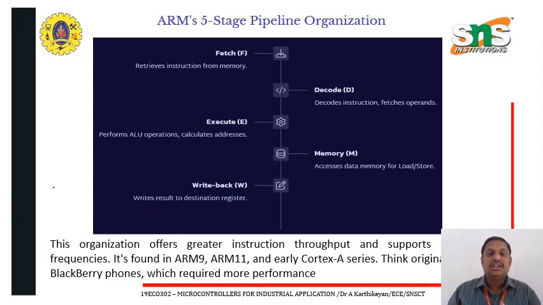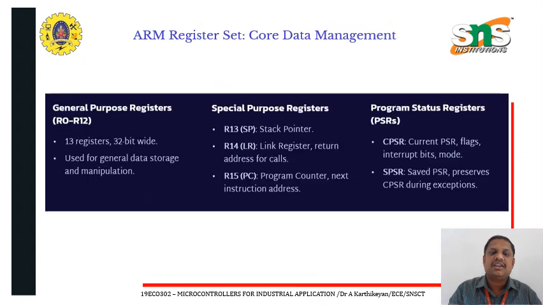Everything will be stored. Fetching, decoding, executing, memory and write back. That is FDEMW, the main function of this pipeline. That is the Cortex-A series, used in BlackBerry phones and others, ARM11, ARM9. It supports multiple operations. That is the ARM 5-stage pipeline organization.